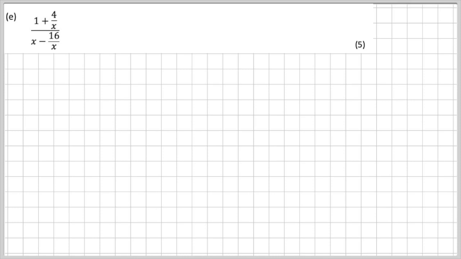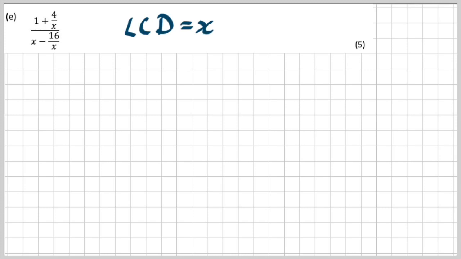Now, there are many different ways of doing a sum like this, but I'm going to show you a sneaky little trick. If I look at these two sums, ladies and gentlemen, I see that there's the same LCD top and bottom. What is my LCD? My LCD is x.